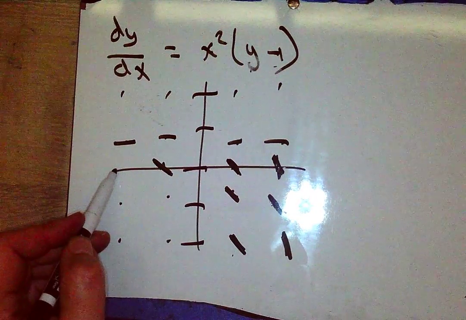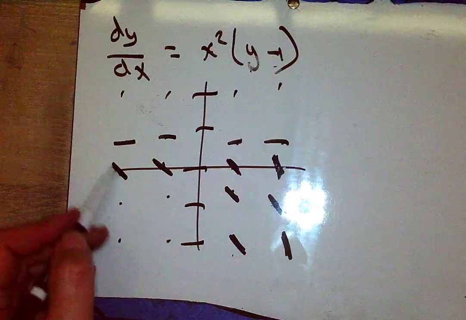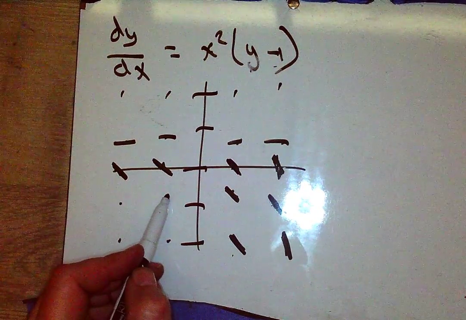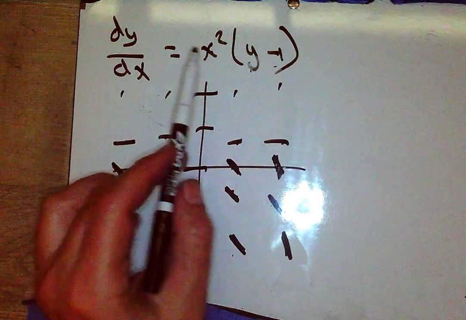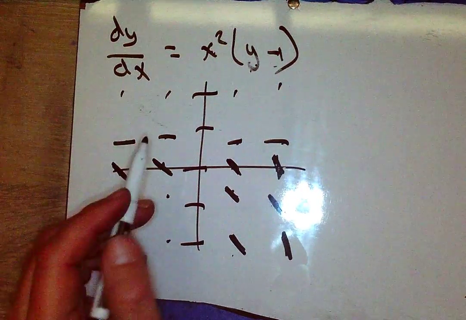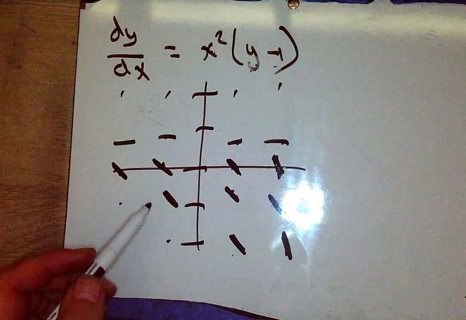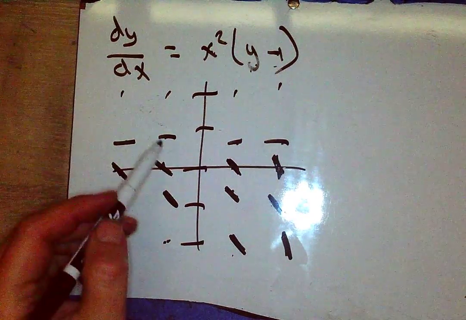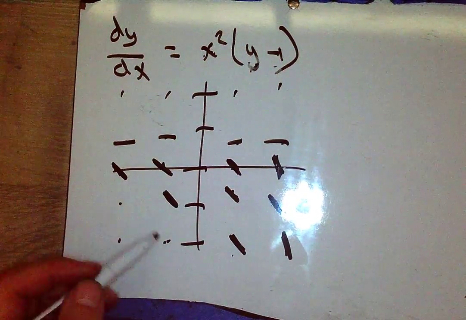And if I plug in negative 2, 0, I get negative 4. Negative 1, negative 1. So that's going to be negative 1, negative 1. That's going to be 2, negative 2. And over here, we have negative 1, negative 2. That's negative 3.